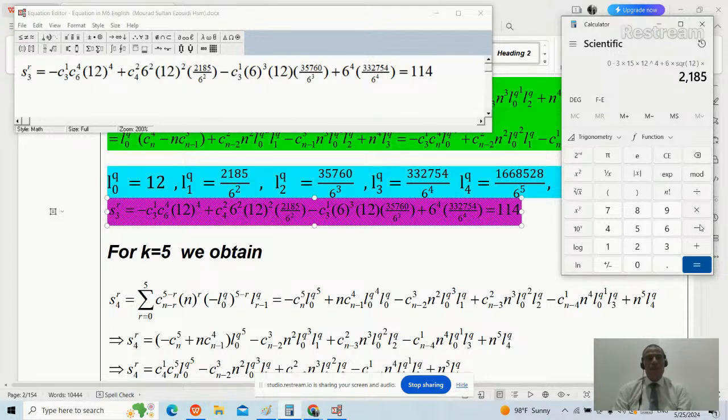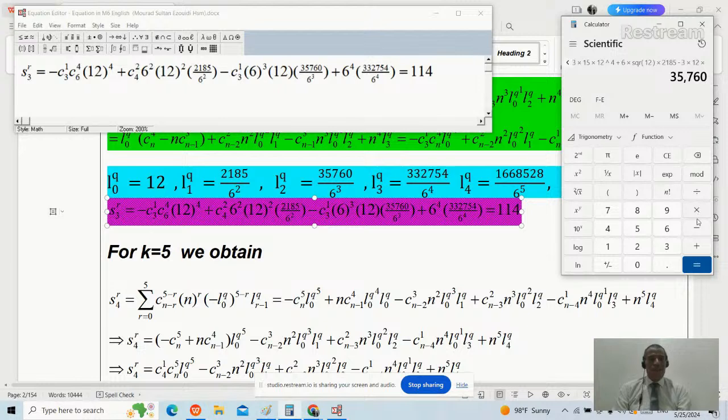Multiplied by 2185, minus, learners, 3 times 12 times 35,760, and 6 cubed divided by 6 cubed is 1. Now we try them. It will be negative 3 times 12, times 35,760.